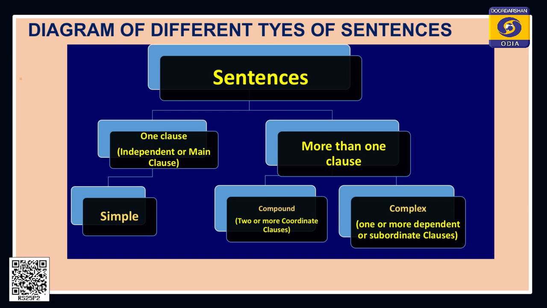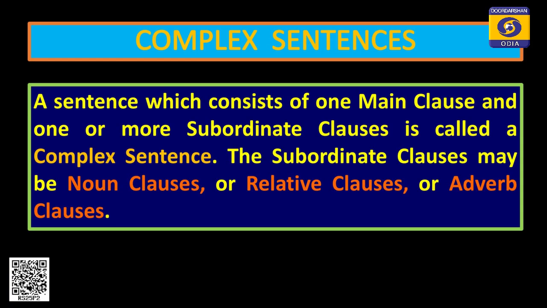If we have subordinate clauses beginning with a WH word or relative pronouns, the sentence is called a complex sentence. The subordinate clauses may be noun clauses, adjective clauses or relative clauses, or adverb clauses, and we will discuss all these things in separate chapters later, right. A sentence which consists of one main clause and one or more subordinate clauses is called a complex sentence.